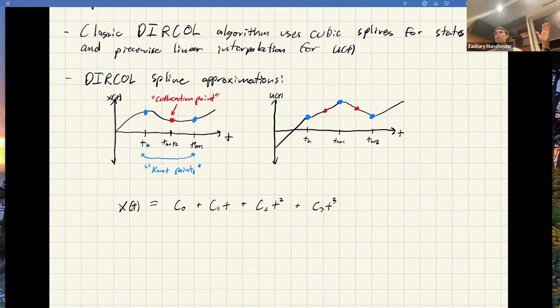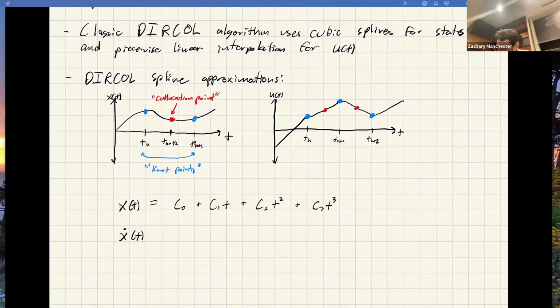So here we're assuming that t_k is 0 and t_k plus 1 is 1 or whatever. We're scaling it down. And then x dot of t, if I just sort of diff this in closed form, right? I know how to diff polynomials. So this is c1 plus 2 c2 t plus 3 c3 t squared. Cool. So I've got x and x dot over my interval based on the cubic thing.